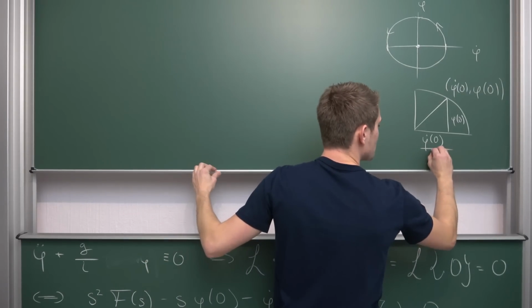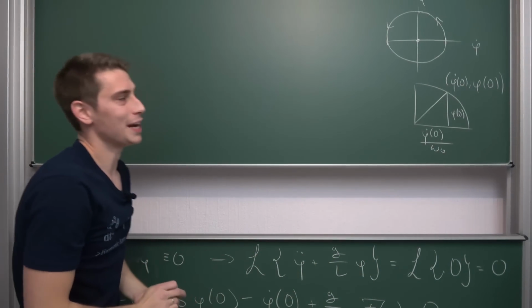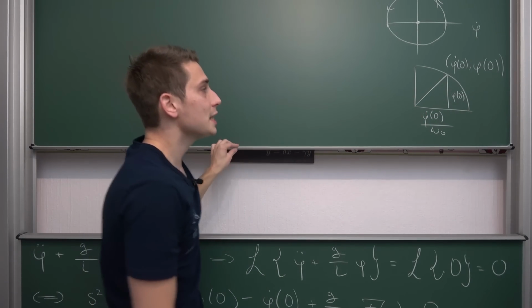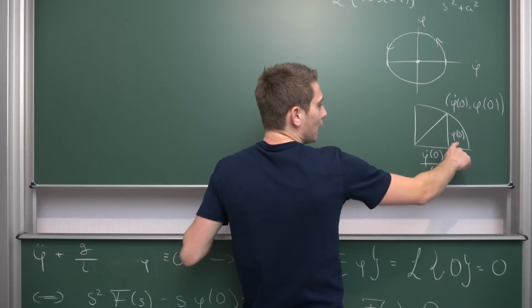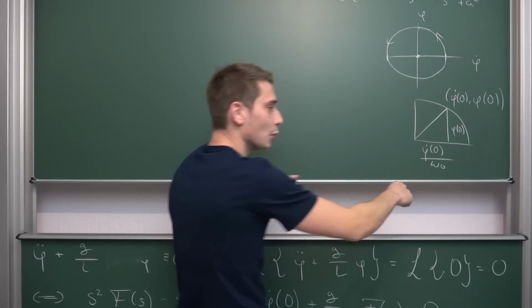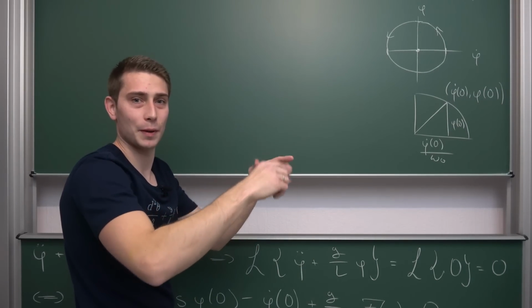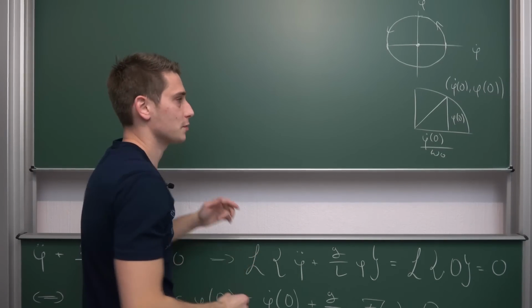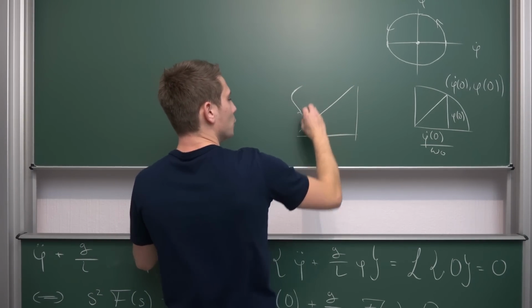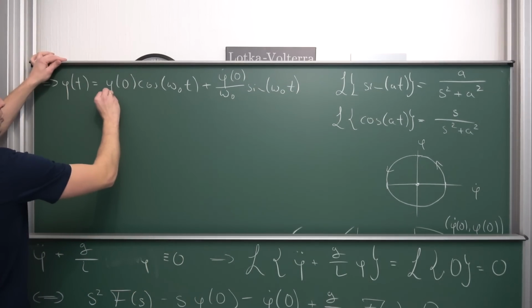We are just going to play around with the phase plane a tiny little bit more. Meaning overall the hypotenuse is nothing but the square root of phi of 0 squared plus phi dot of 0 divided by omega naught, squared. If we were to enhance this into another triangle, we're going to get the square root of, and now we are going to give those factors a new name.